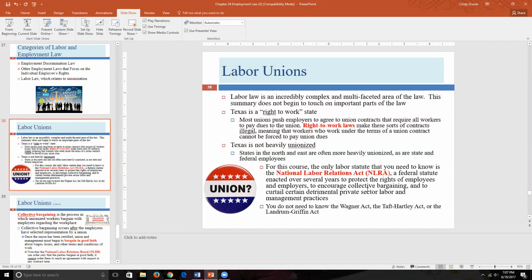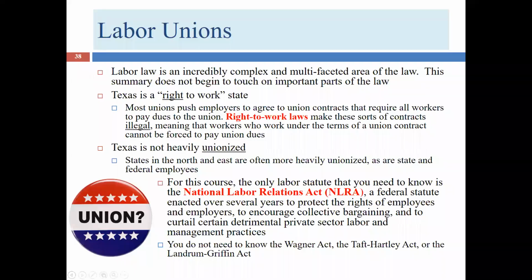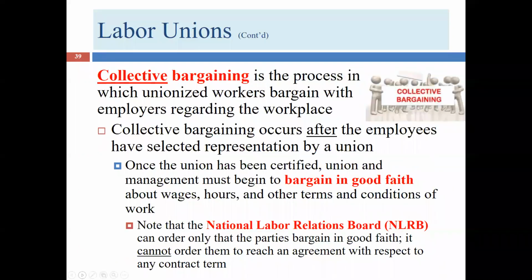Sometimes they were done to protect the greater public from corrupt unions. I mean, lots of different factors were part of that analysis. And so, again, the rights that are protected, the rights of employees and employers and also to encourage collective bargaining, which we'll talk about in a second, and to curtail certain unfair, inappropriate labor practices, but also management practices. You don't need to know the names of these particular amendments.